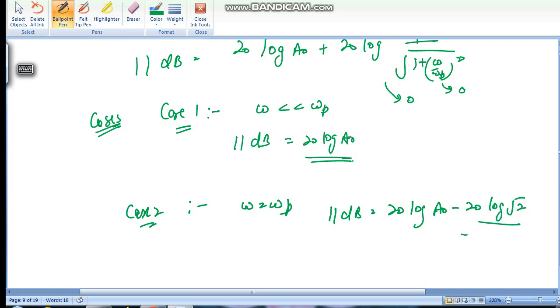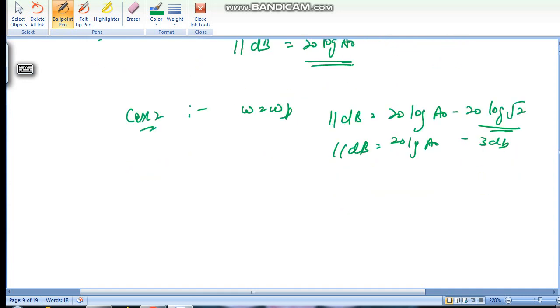This comes as 3 dB. So the magnitude response is 20 log A naught minus 3 dB. So omega p is also known as the minus 3 dB frequency, because at this frequency my actual gain is reduced by 3 dB.